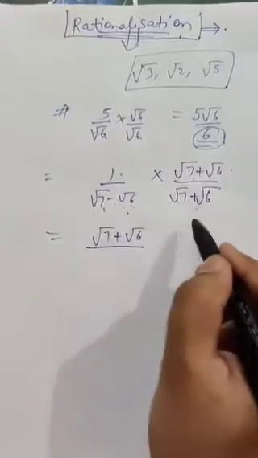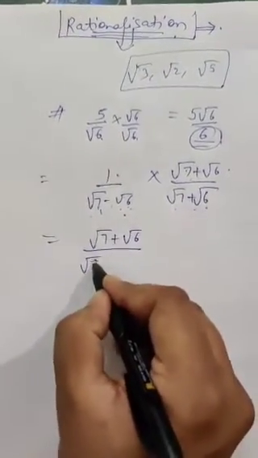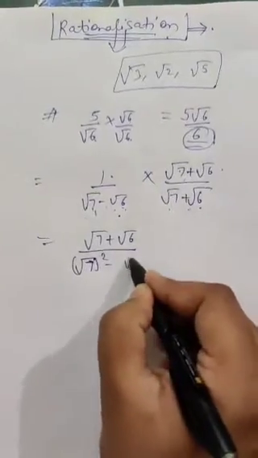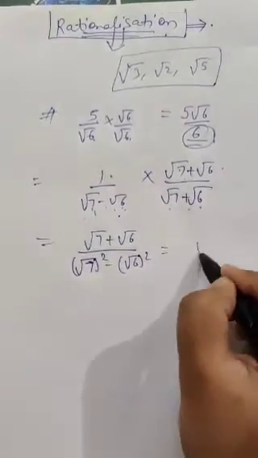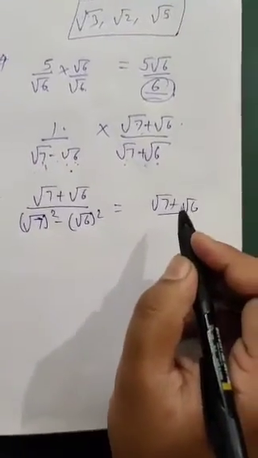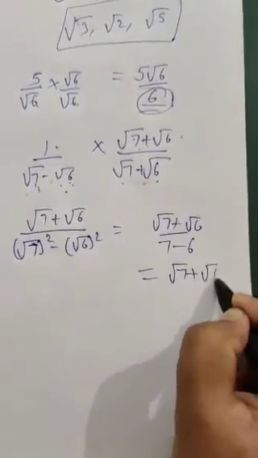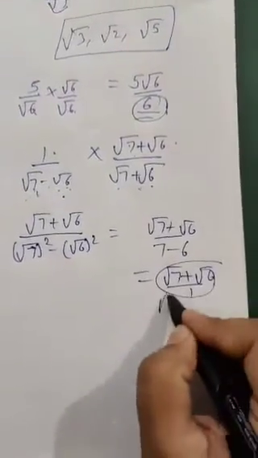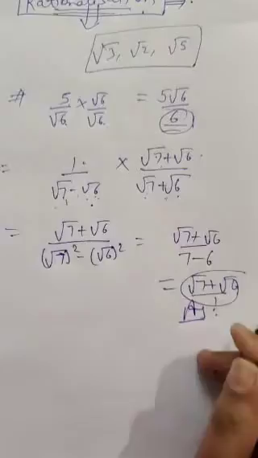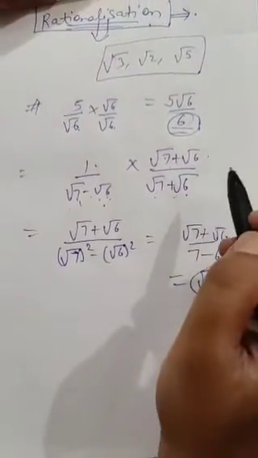A minus b into a plus b is a square minus b square, so root 7 square minus root 6 square. So root 7 plus root 6 divided by 7 minus 6, so root 7 plus root 6 divided by 1. So this is our answer. These are certain steps that are involved in the process of rationalization.